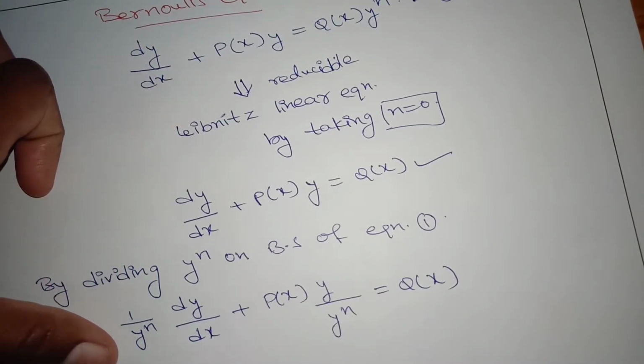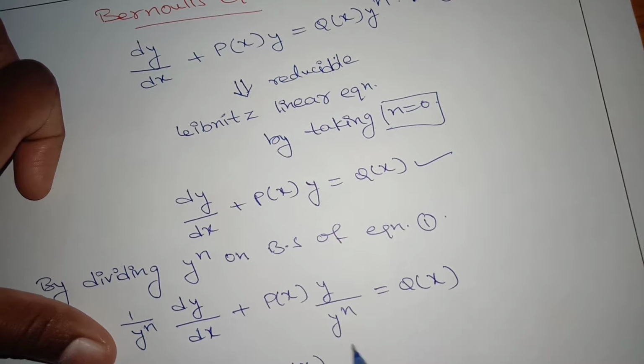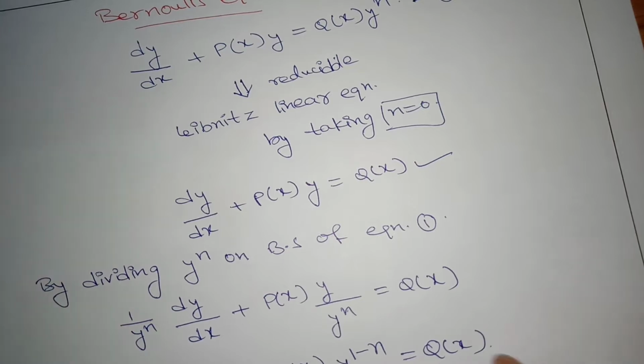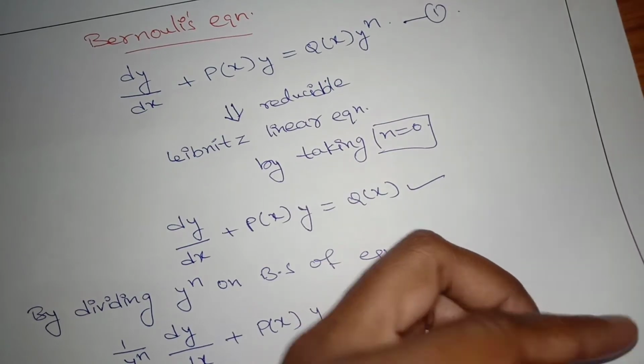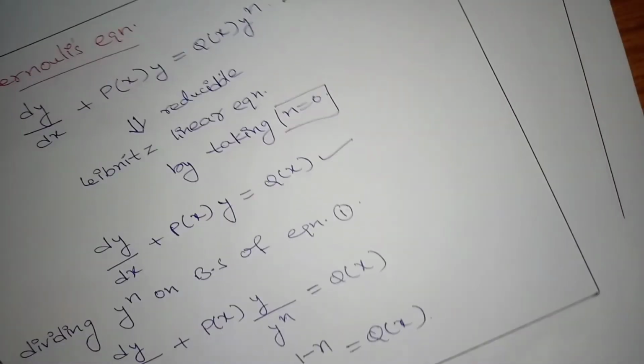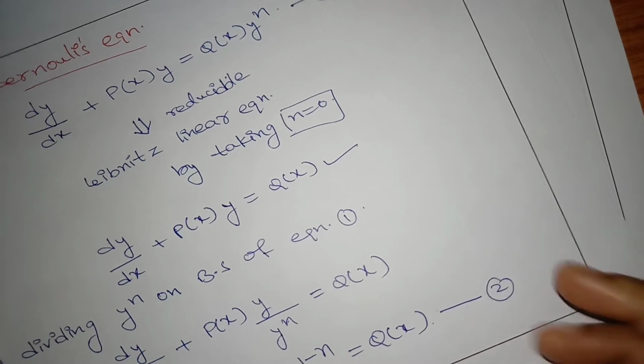Now this can be written as y power minus n dy by dx plus p of x into y power 1 minus n, in denominator y power n is taken to the numerator, which equals q of x. Now this is equation number 2. Please note down.